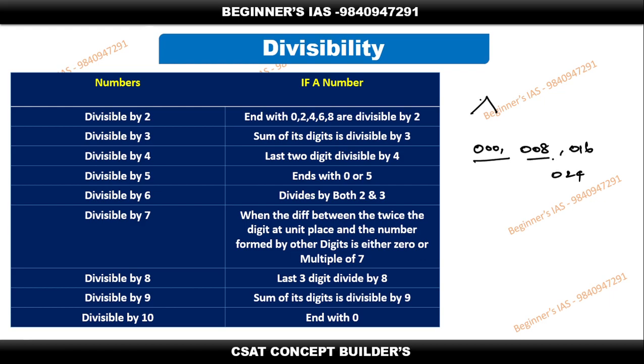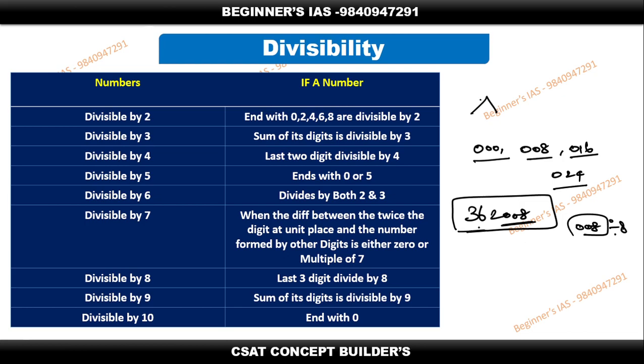For example, 362008: to identify whether this number is divisible by 8 or not, just check the last 3 digits. Yes, 008 is divisible by 8. Therefore, the given number 362008 is surely divisible by 8. Like that you need to understand and solve.